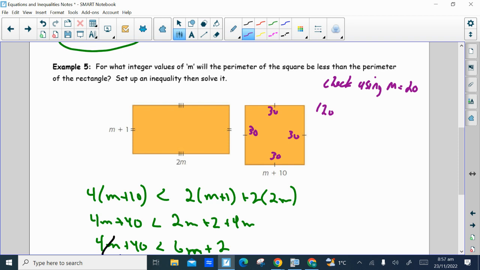And that has to be less than the perimeter of the rectangle when m is 20. So 2 times 20 is 40. That'll be 40. M, which is 20 plus 1 is 21. 21. So 40 and 21 is 61. Plus another 61 is 122. And that works. The perimeter of the square has to be less than the perimeter of the rectangle.